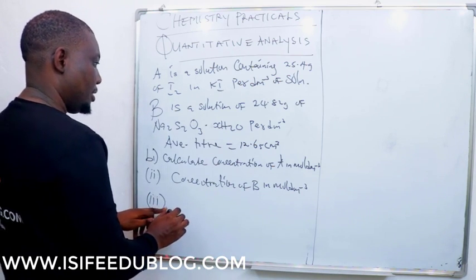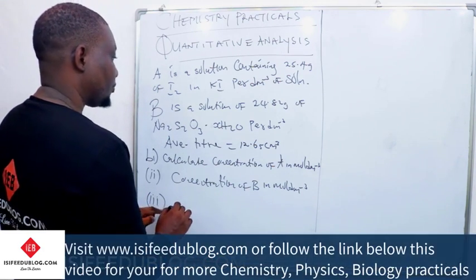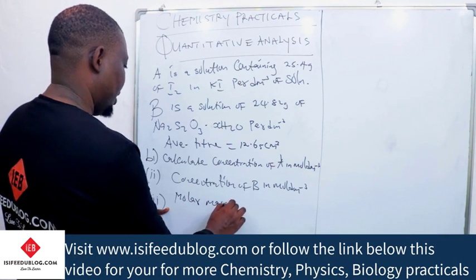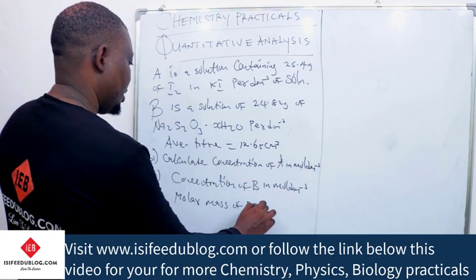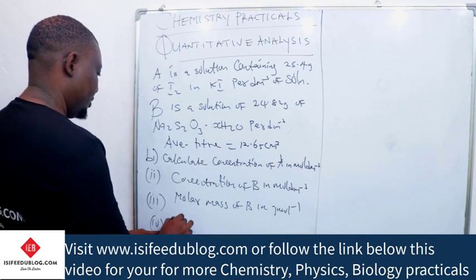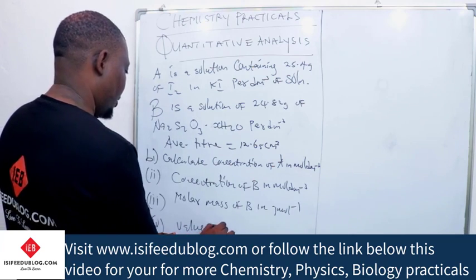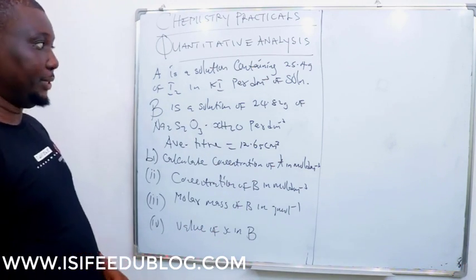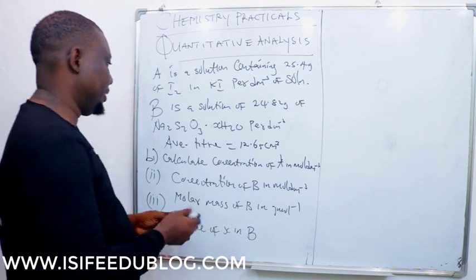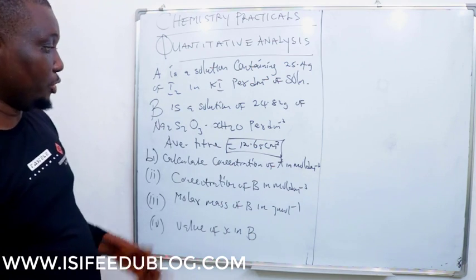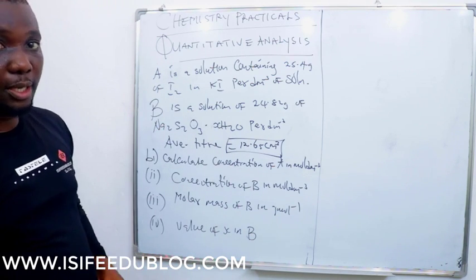III, molar mass of B in gram per mole, IV, value of X in B. What do we do? In this problem, we are using the same table, but this time we're using the average titer of the first formula. You can pause the video and try and see if you can solve this.